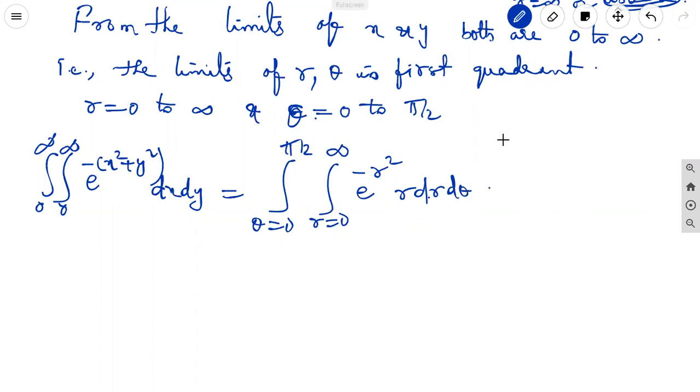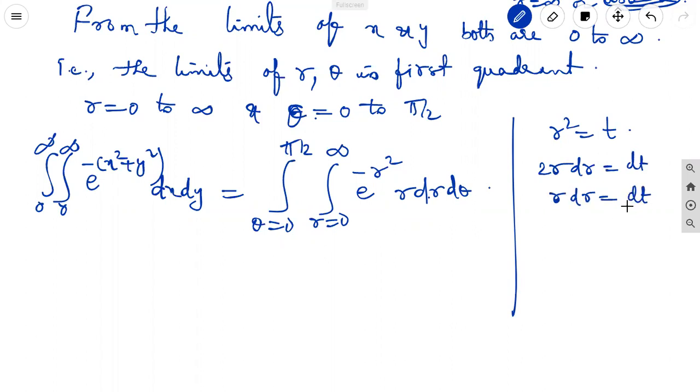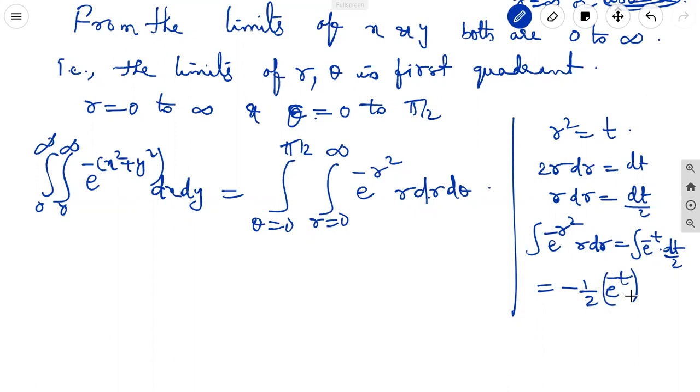Here, by the substitution method, r square is equal to t, 2r dr equal to dt, r dr equal to dt by 2. So integral of e power minus r square r dr equals integral e power minus t dt by 2, that is equal to minus 1 by 2 e power minus t, that is minus 1 by 2 e power minus r square. Okay, that is the integral value.